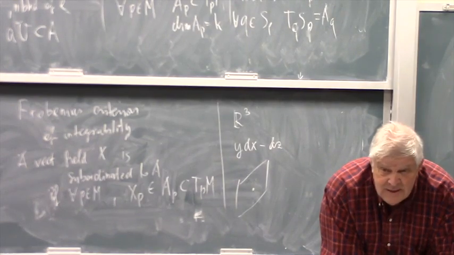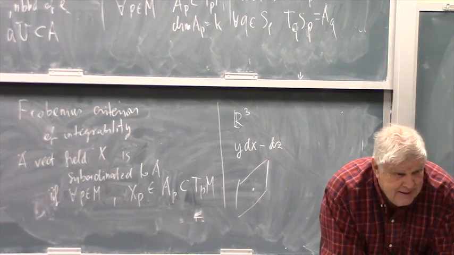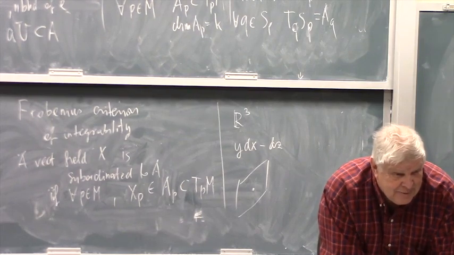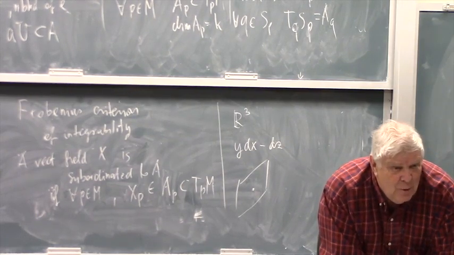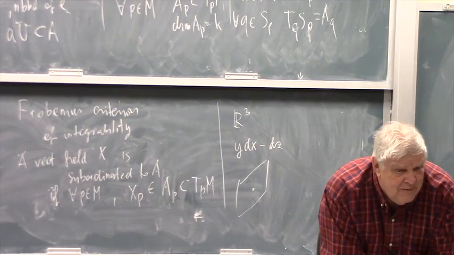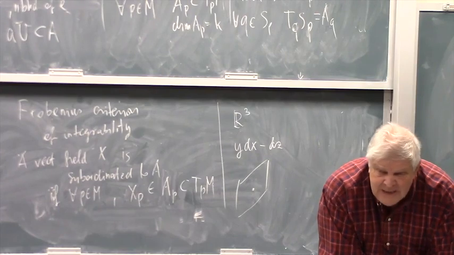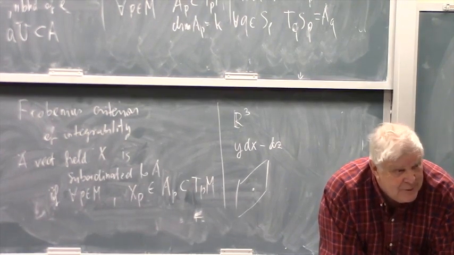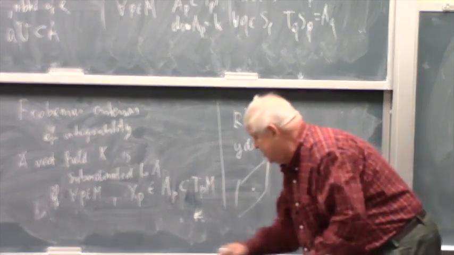Sometimes it's called the standard contact structure in R3. It is absolutely not integrable. Cannot be integrable, at no point. If you have a point, then no tiniest piece of a surface can exist which is tangent to this distribution. So this is an example of a non-integrable distribution.